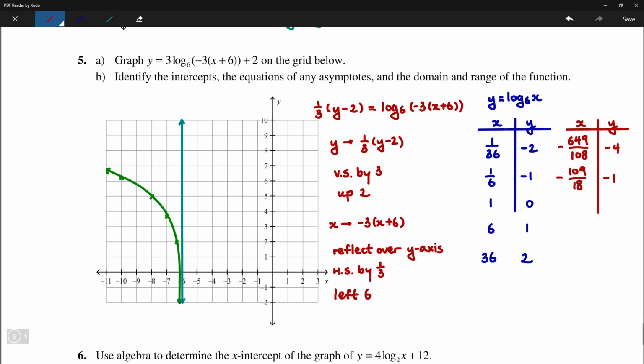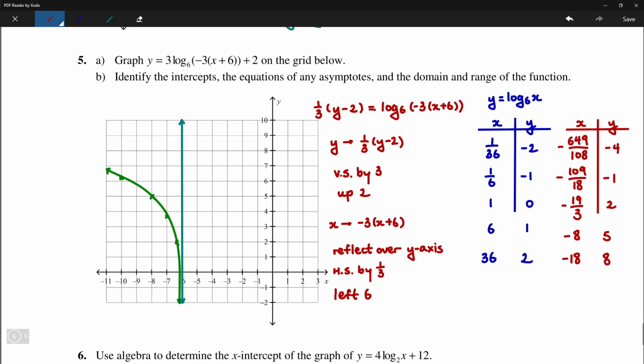And so if we went through and did this with every point, the next one is 1, again becomes negative 1, then negative 1/3, and then we subtract 6, so that will be negative 19 over 3. The y value will simply be 2. And just going to write down the next couple of points, so negative 8 and 5, and finally the last point, negative 18 and 8.